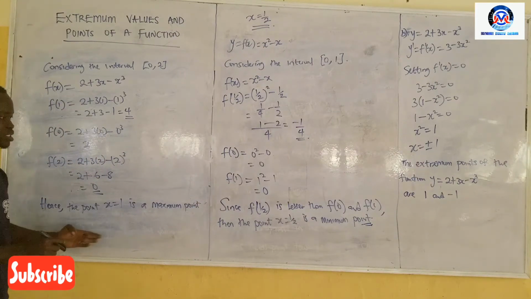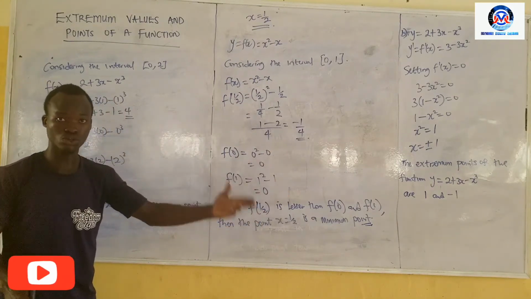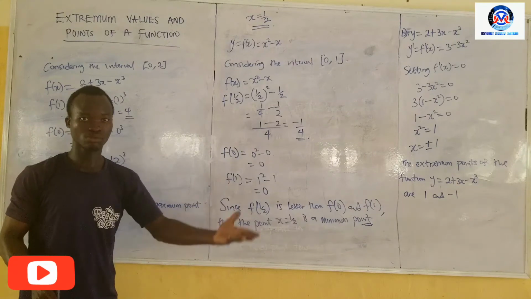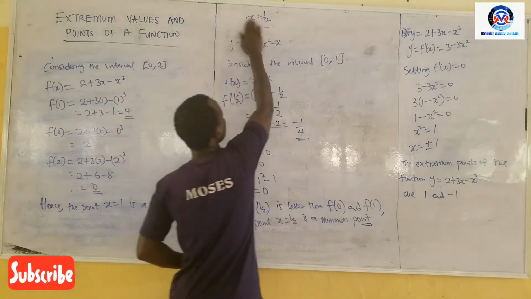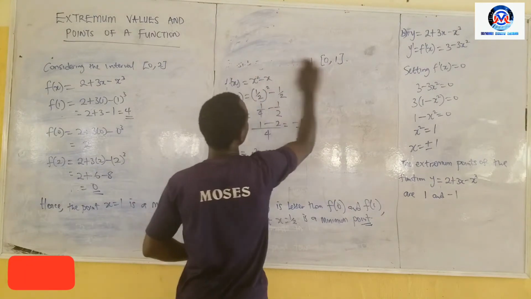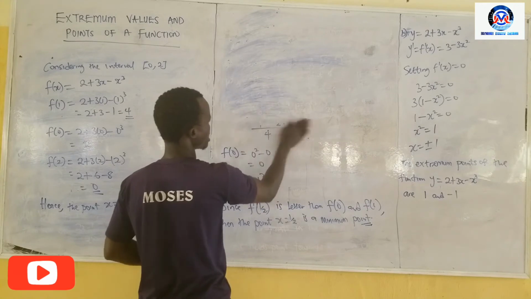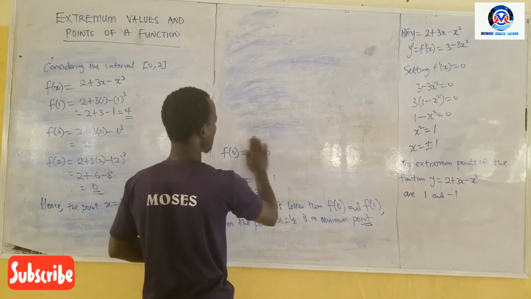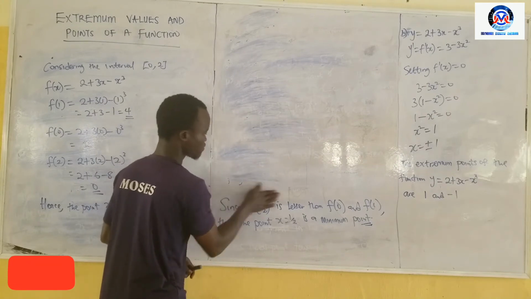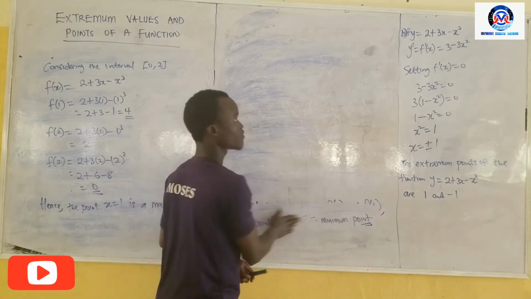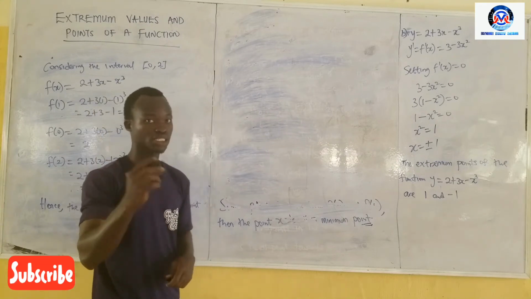So now, it's time for us to know if the other point, which is minus 1, is also a maximum point or a minimum point. So now, let's do that. We consider an interval containing minus 1. Which interval is containing minus 1? We have the interval of minus 2 and 0.